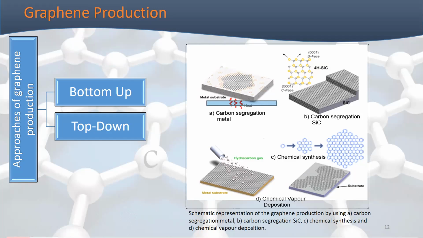The most common method of this approach is illustrated in this figure, which illustrates the key process by using carbon segregation, metal carbon segregation, and chemical synthesis. Furthermore, the chemical vapor deposition.